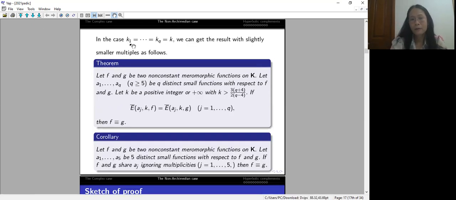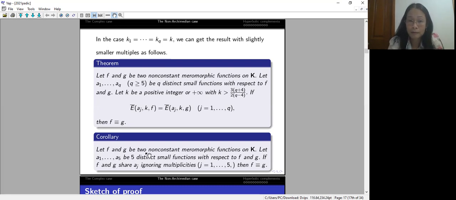So I will take some special case so you can see how it looks. Consider k1 equal to kq, so the multiplicities are cut down to the same, and then we only need k bigger than (3q plus 4) over (2q minus 4). And then if the two functions have the same a_i with counting up to k, then they have to be equal.